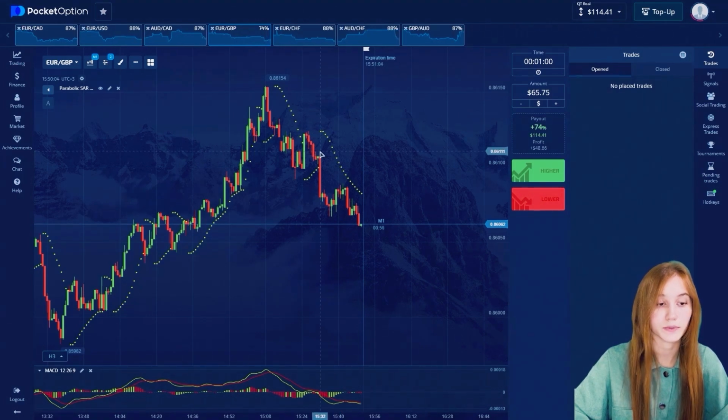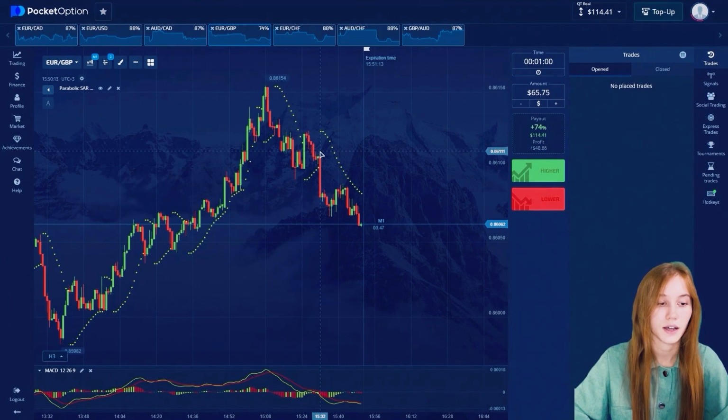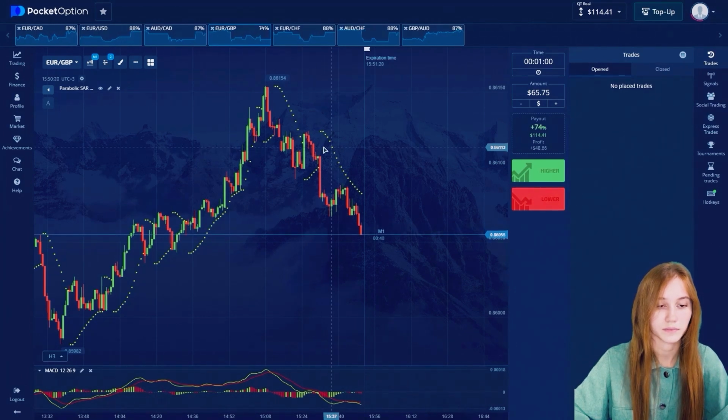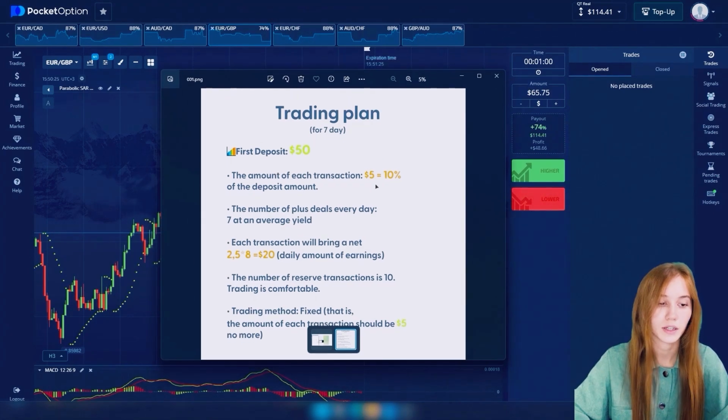Let's summarize. First, we multiplied our balance by 11 times. It's very important to increase our balance. I'll show you a small strategy. You see this parameters table for you.